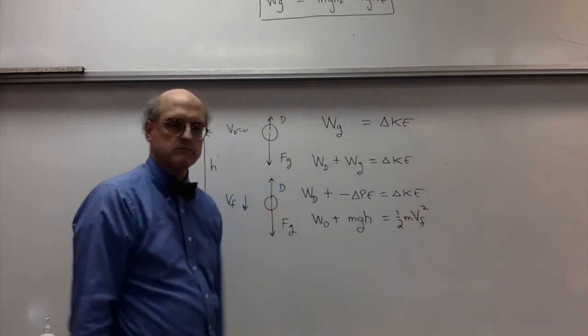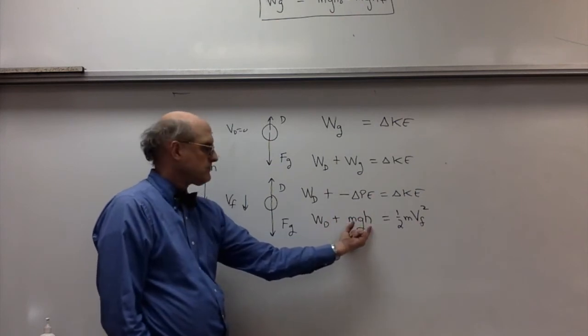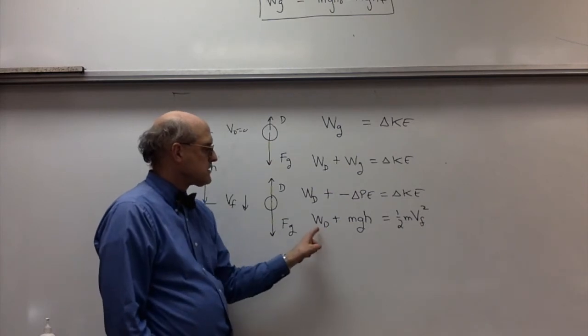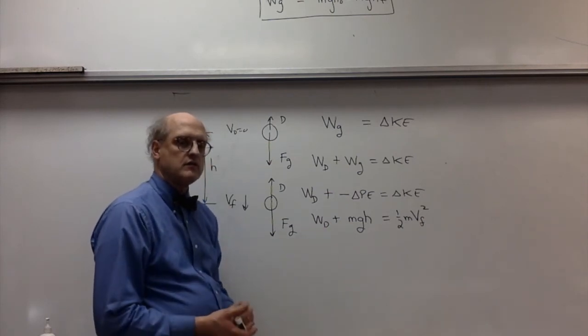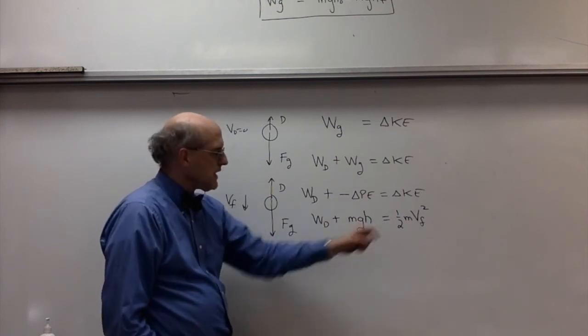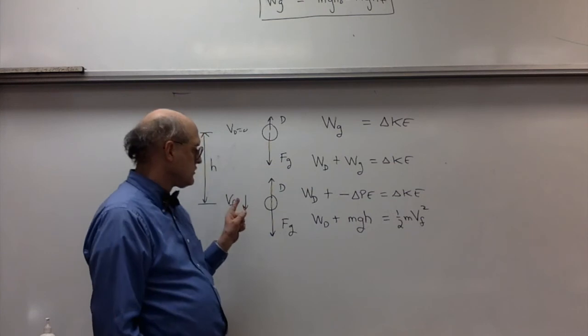So that's what we get. Okay, this would be the original potential energy. Okay, h is the height of the ball initially. This is the work done by the drag force. You add these two together, and that's going to be equal to the kinetic energy of the ball just before it hits.